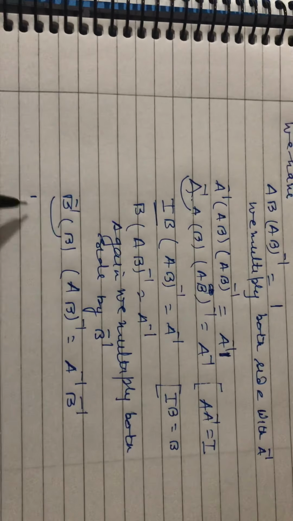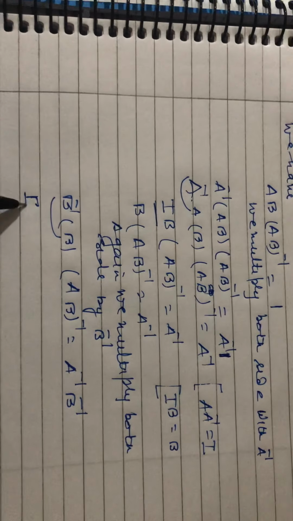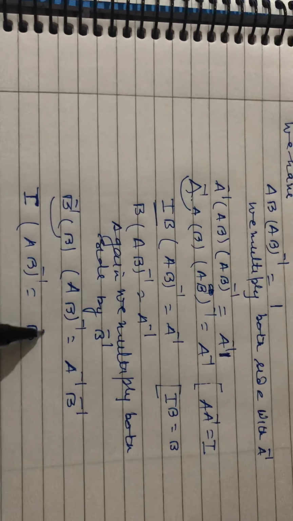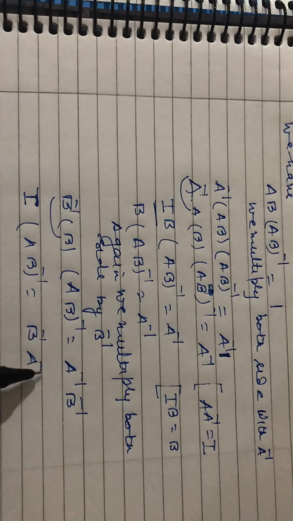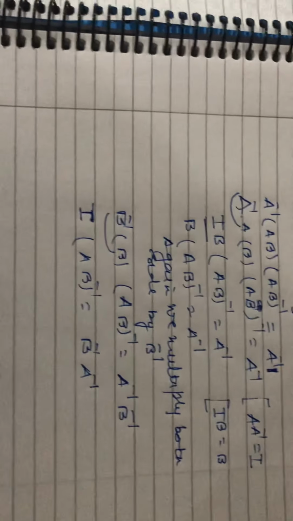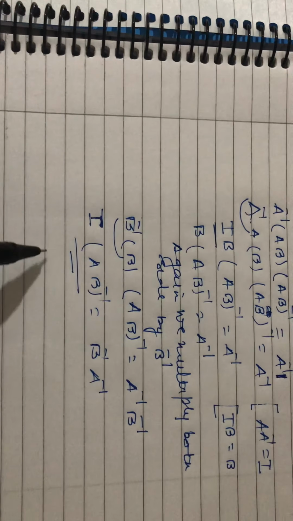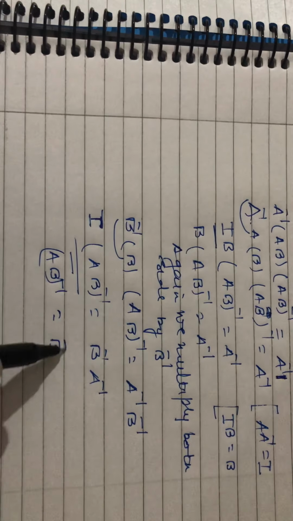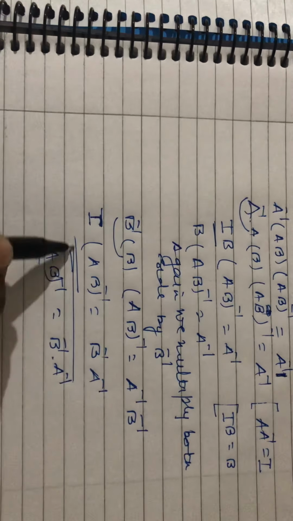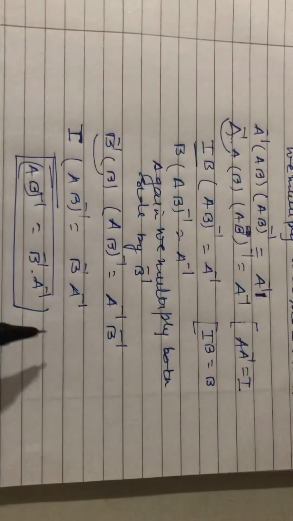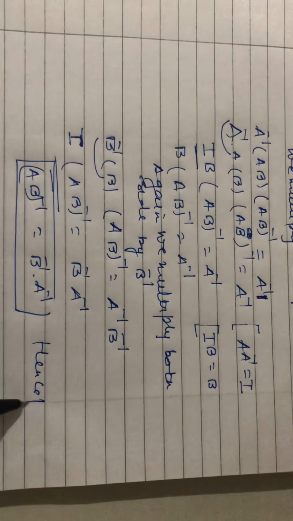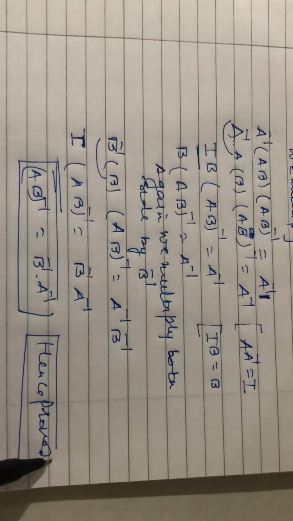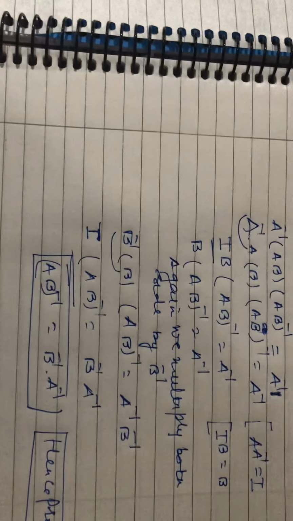Then B inverse with B is I, so we can write the inverse of AB, because in the product B inverse comes first and A inverse last. Then I multiplied is the same, so the inverse of AB is equal to B inverse A inverse. Hence proved. Clear about theorem 4?